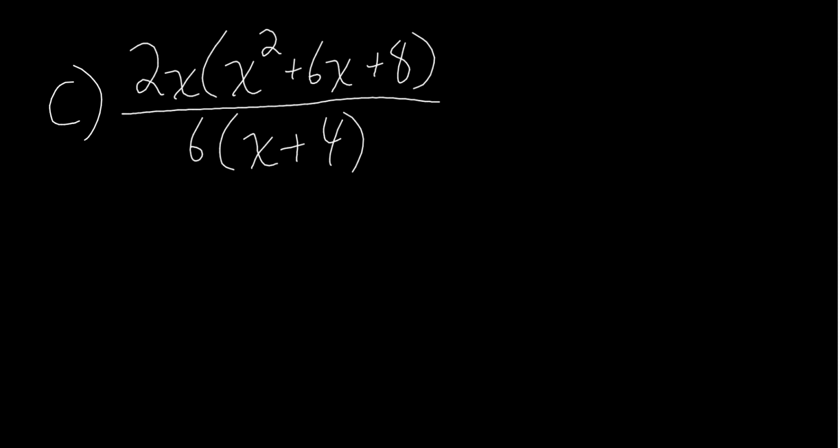So in order to simplify, it looks like in the numerator I have a quadratic that I can factor. So let's go ahead and factor my quadratic in the numerator, x squared plus 6x plus 8. It looks like I can factor that into x plus 4 and x plus 2.